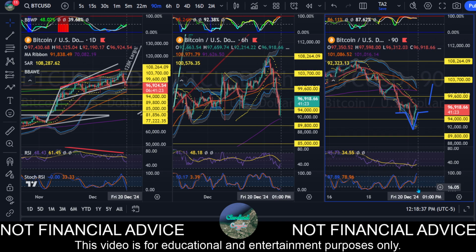If it comes down to here, we want to see that RSI stay over that signal line and the price action stay over our level. If either of those break under, then we're going to see more downside.